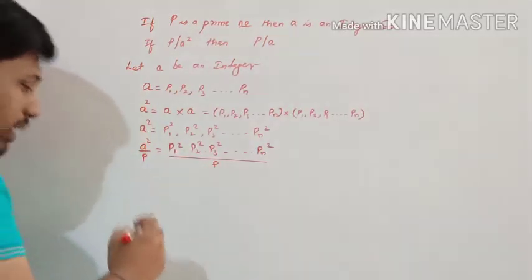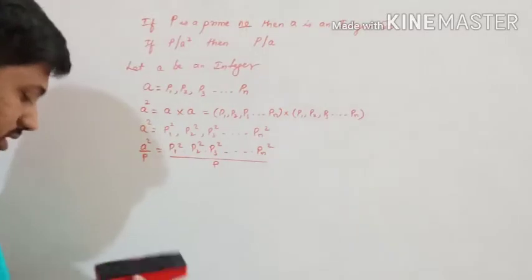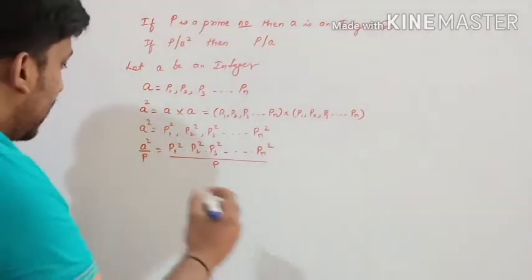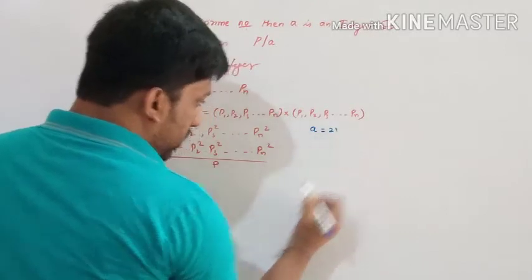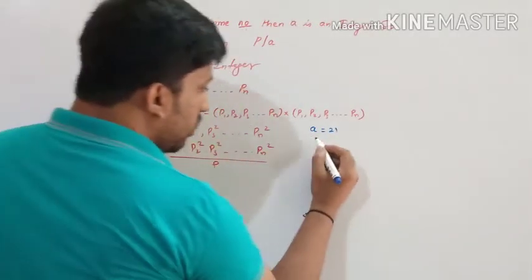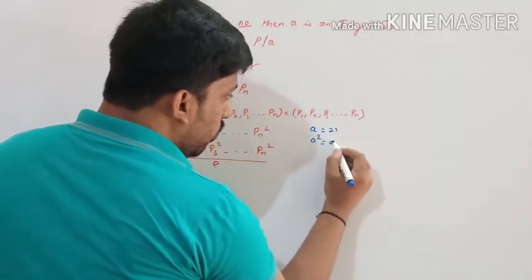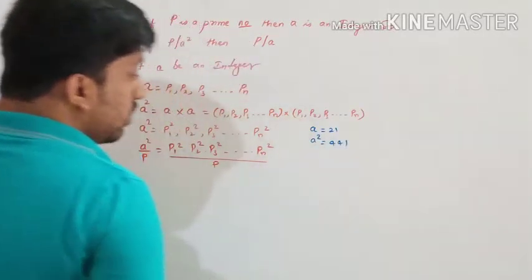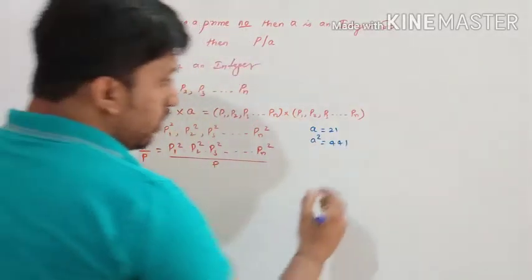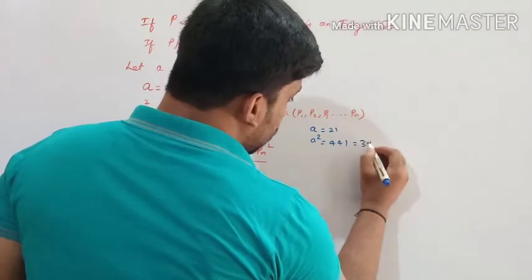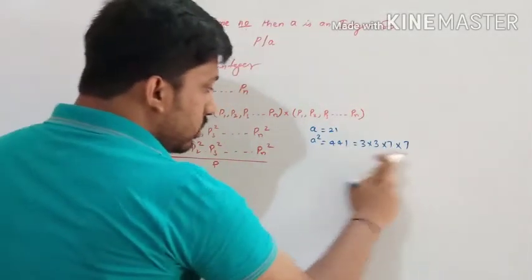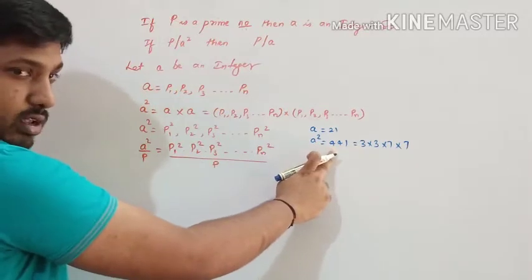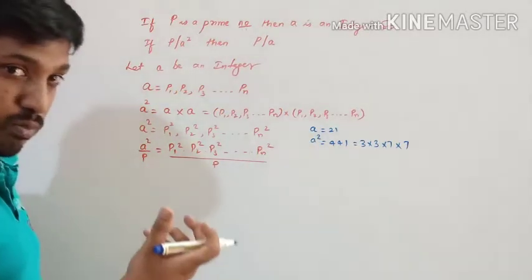Now let me take some examples so that the theorem will be more clear. Let me take a as 21. So a square will be 441. Now what are the factors of 441? We get 3 into 3 into 7 into 7. These are the factors of 441. Now I am going to take any prime number.